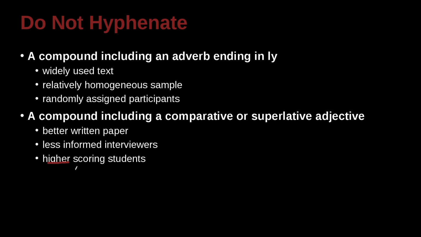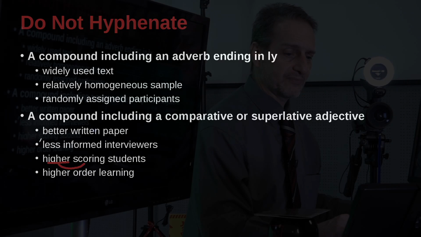So yes, it is higher scoring, kind of one group, but this is modifying this idea. Less informed, better written paper. So you do not use a hyphen in this case because you're comparing things, comparative words. Higher order learning, for example.